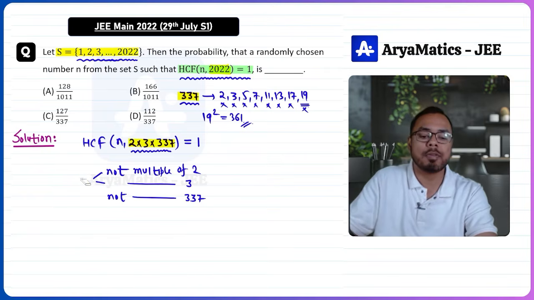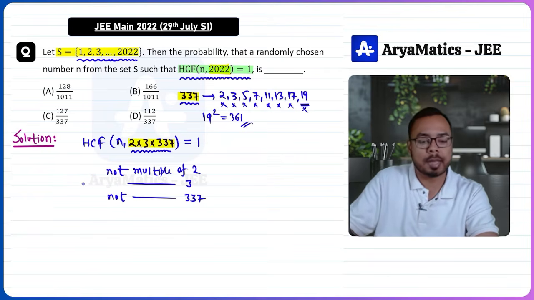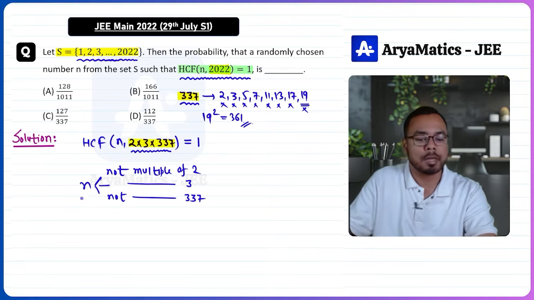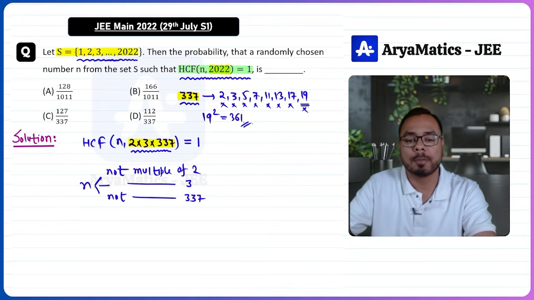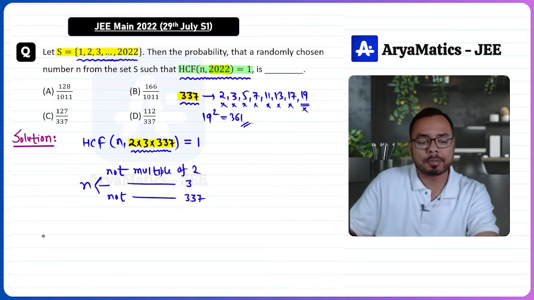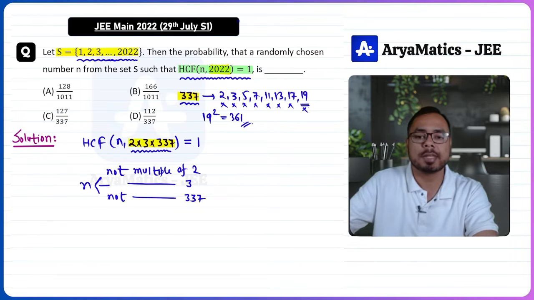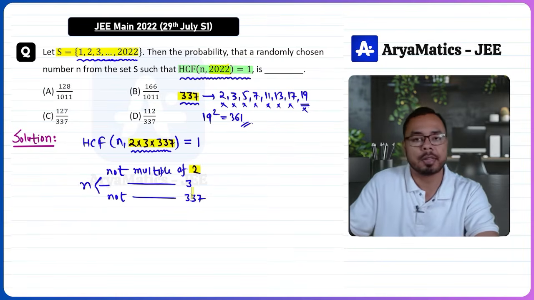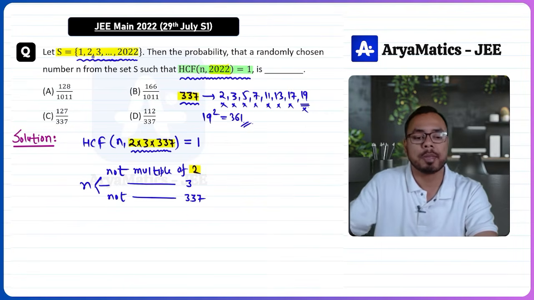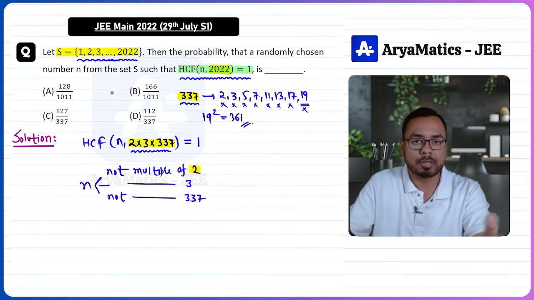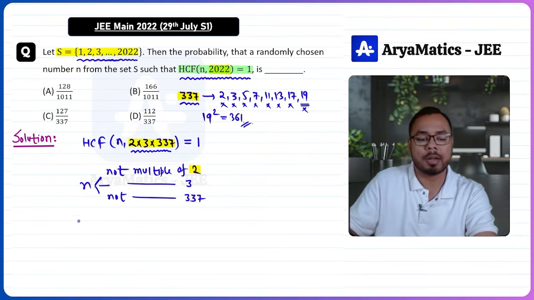So now we have to find how many numbers in the set satisfy the condition that it is neither a multiple of 2, nor of 3, nor of 337. First let us see how many numbers are not multiples of 2, and then we'll consider the other two. If n is not a multiple of 2, it has to be an odd number.